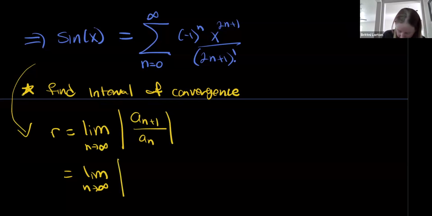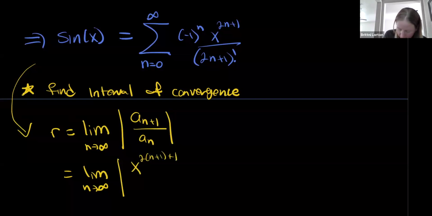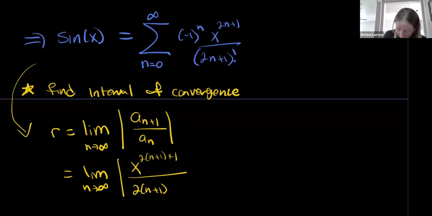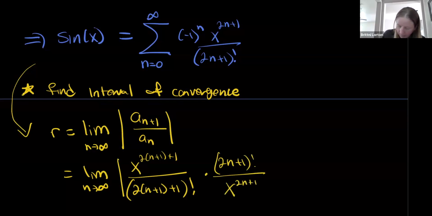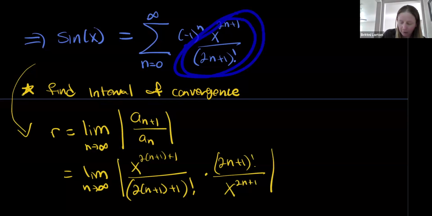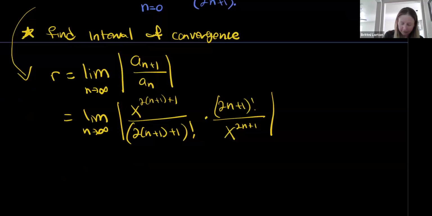That's going to become x to the power of 2n plus 1 over 2n plus 1 factorial, divided by the original, which is the same thing as multiplying by the reciprocal. And when I say original, I mean the original up here without the negative. So dividing by that original, I just multiplied by the reciprocal.